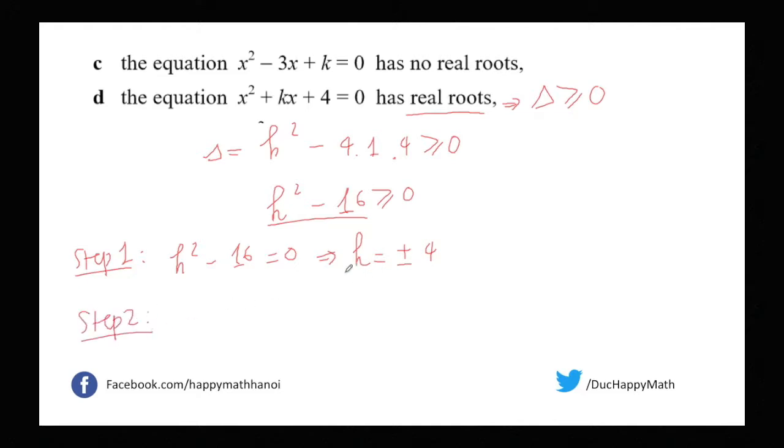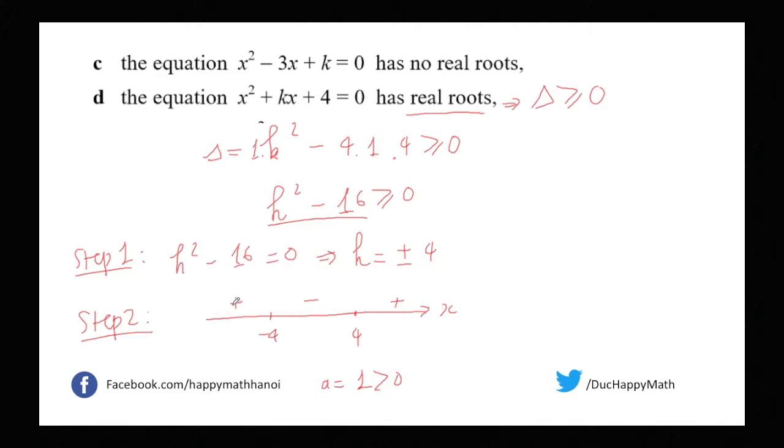Step 2, place the two values of k on the x-axis, and don't forget to arrange them in order: minus 4 on the left and 4 on the right. The coefficient of the second degree term here is 1, so a is positive. So the part 1 and part 3 will be positive, and the middle interval is negative, different from both outside intervals.